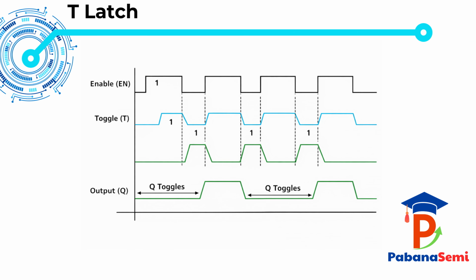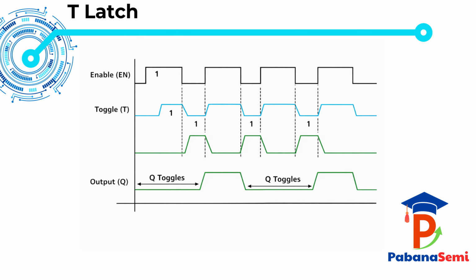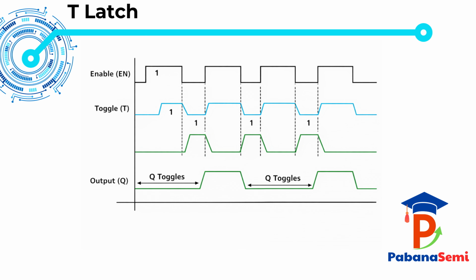Let's quickly read this T-latch waveform. At the top is enable, EN, then the T input, and at the bottom is the output Q. When enable is high, the latch is active. During this time, if T is 0, Q holds its current value. If T is 1, Q toggles, meaning it flips to the opposite value.